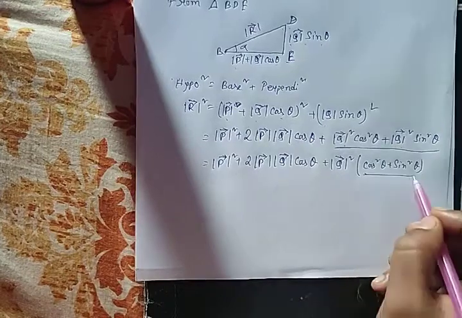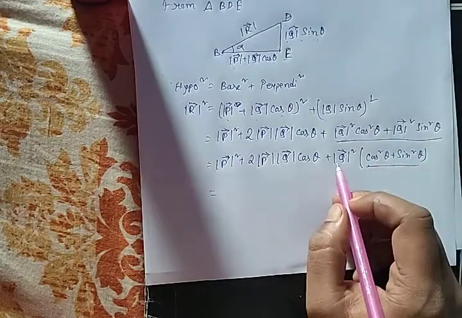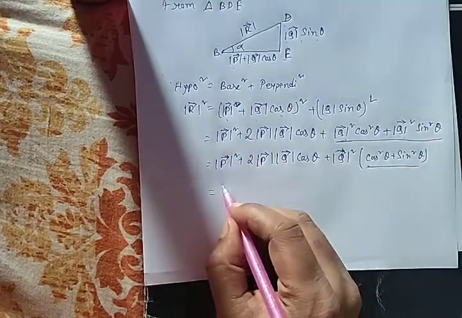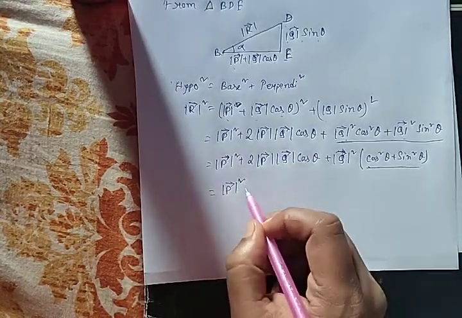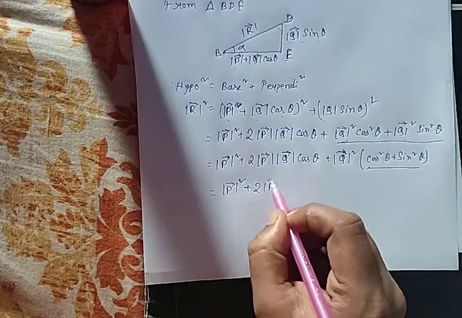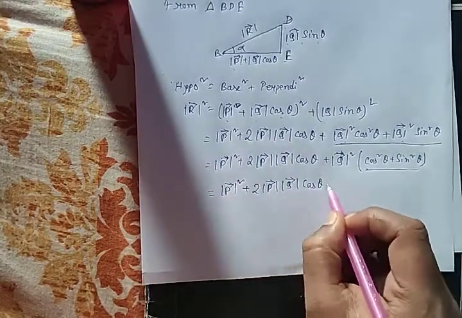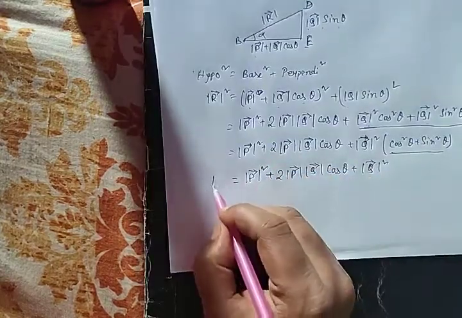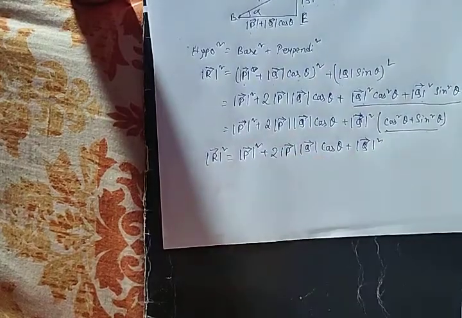So this term is 1, and only mod Q square will remain here. So our final term is mod P square plus 2 mod P mod Q cos theta plus mod Q square. Okay, so this one is equal to mod R square.